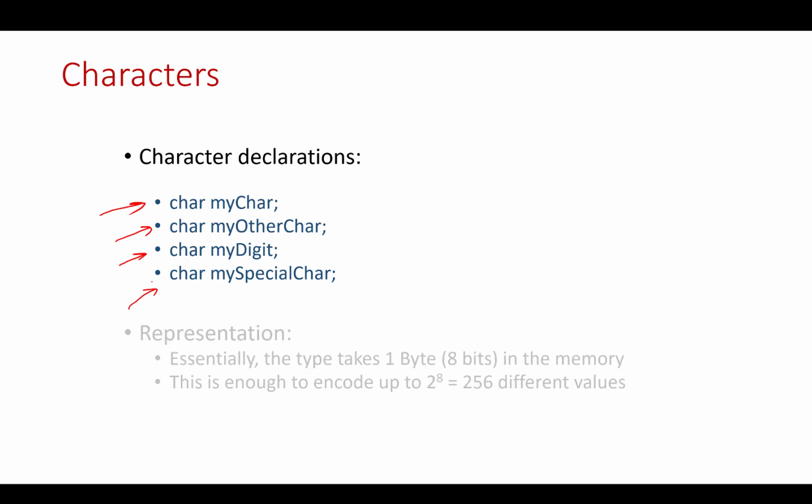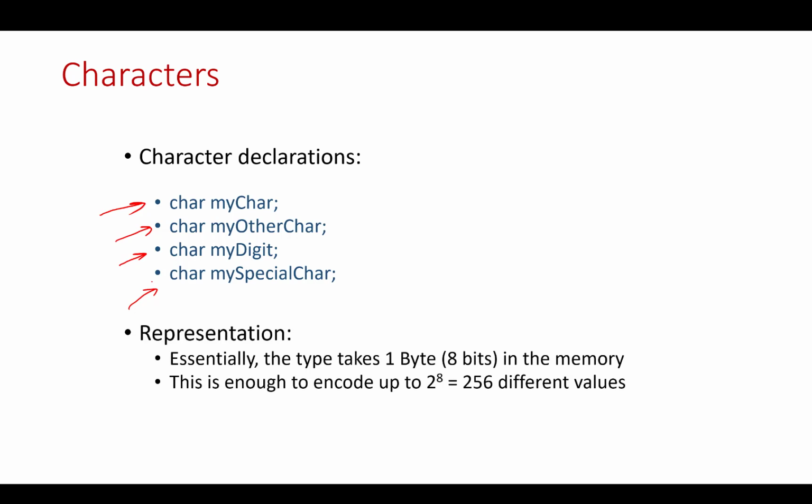Reviewing some information we said in the first video: if you are dealing with characters, you have 1 byte reserved in the memory, right? And as we know, 1 byte is 8 bits, and from the binary system, 8 bits give you 2 to the power of 8, which is 256 different characters that can be represented.